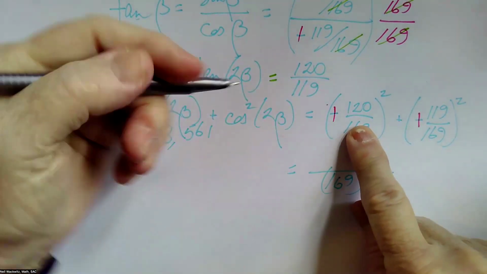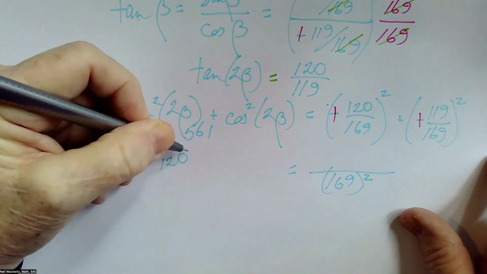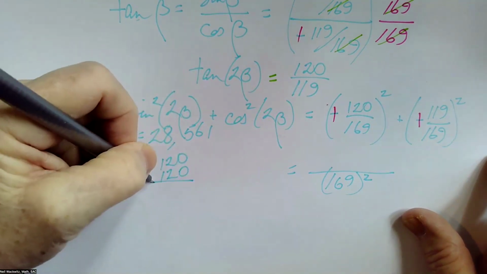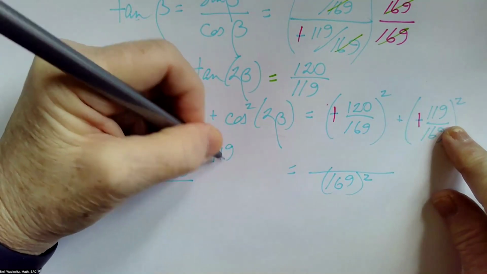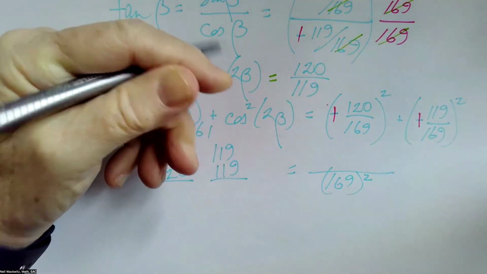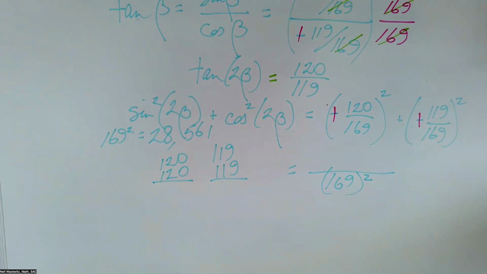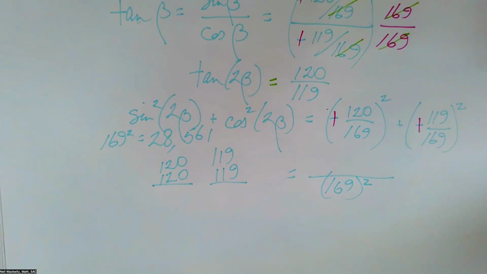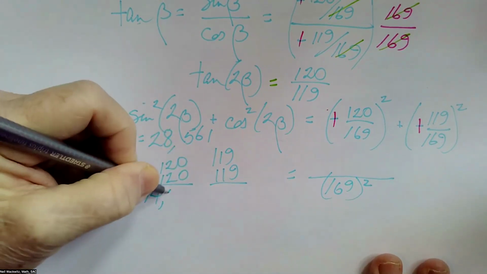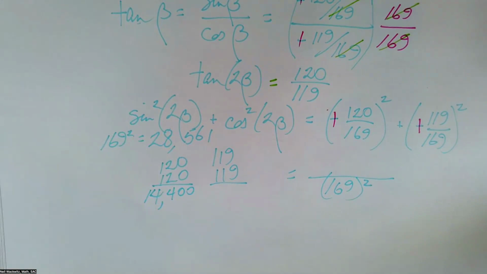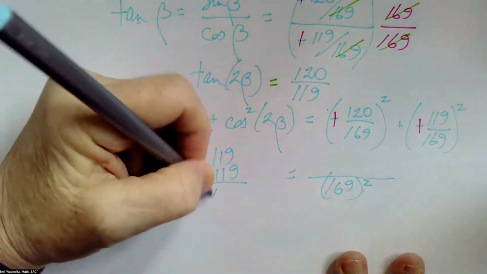Okay, great. So we want to find 120 squared and 119 squared. And I'm going to cheat again. 120 squared is 14,400. And 119 squared is 14,161.